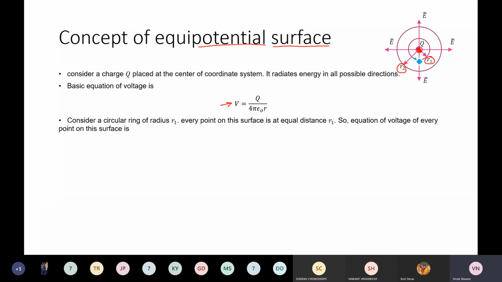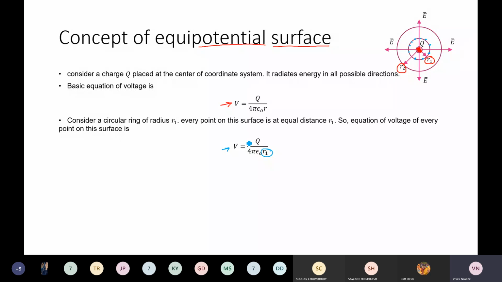Every point on this ring or every point on this circle is at distance R1. So equation of voltage of every point on this surface is V is equal to Q upon 4 pi epsilon 0 R1. Okay.